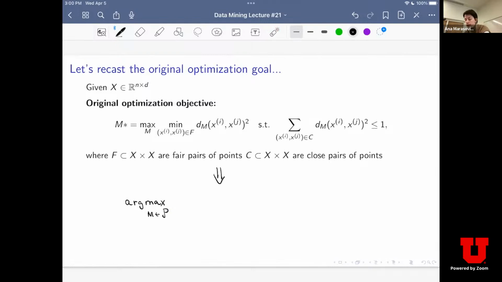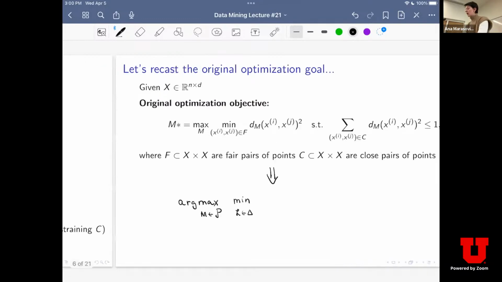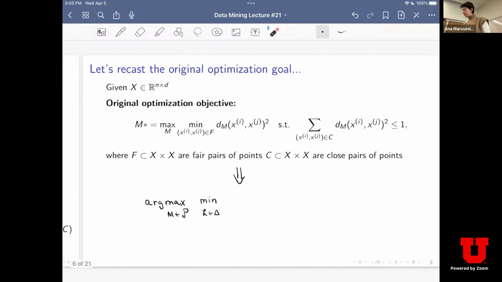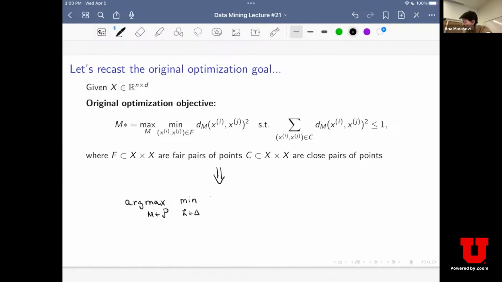We are finding the one that maximizes the minimum over vectors alpha in our capital D, which were the vectors that basically were giving us a distribution over far points. And we want the sum over all far points, where we sum their weighted products with x tilde tau and M, to be minimal.